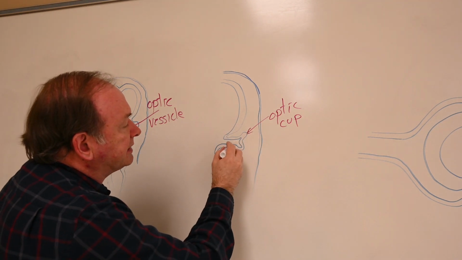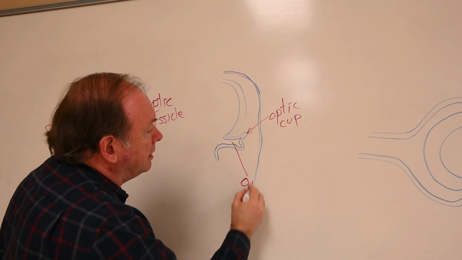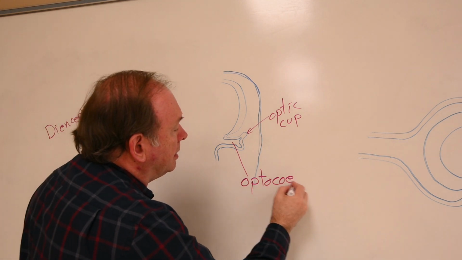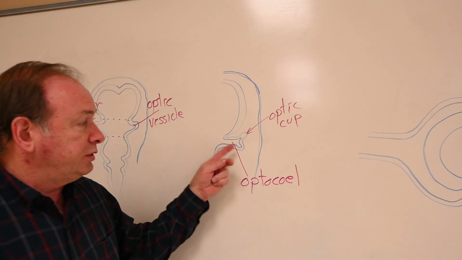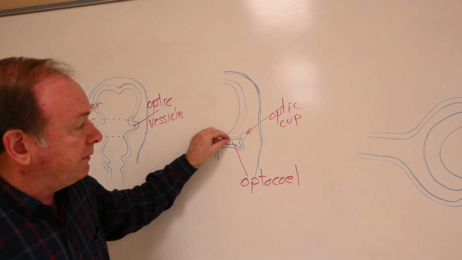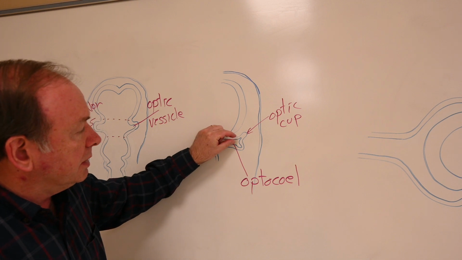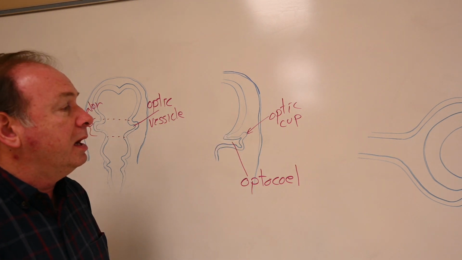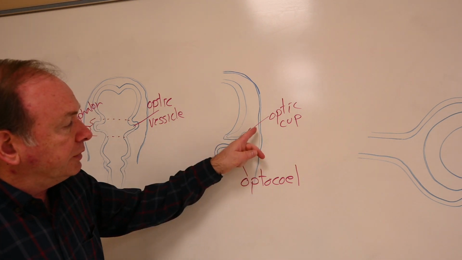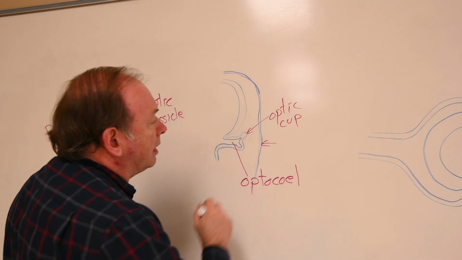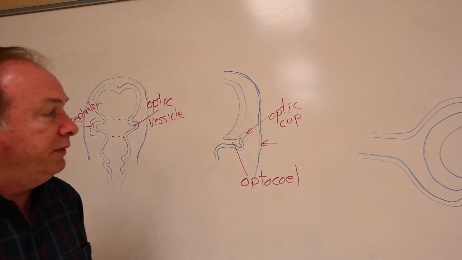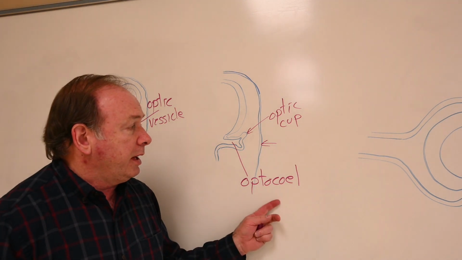In the middle here, this cavity is called an optocele. An optocele, that's the beginning of the formation of the optic stalk we see here in the beginning of the formation of the optic cup. On the outside here we have our surface ectoderm, and then right here is where our lens placode will develop in our next picture.